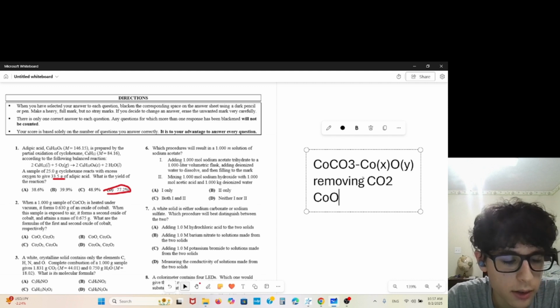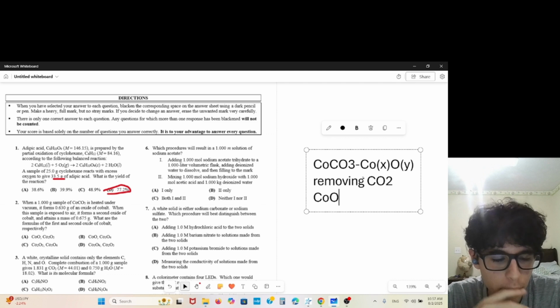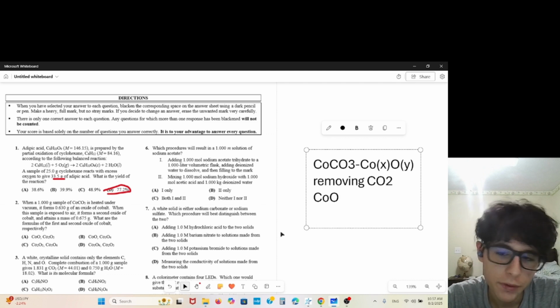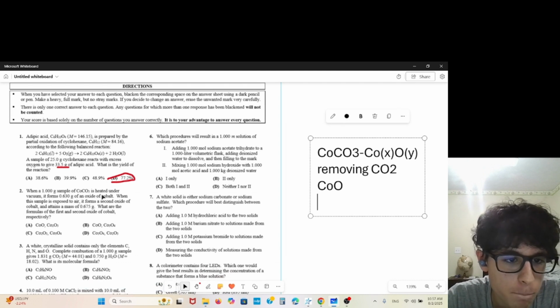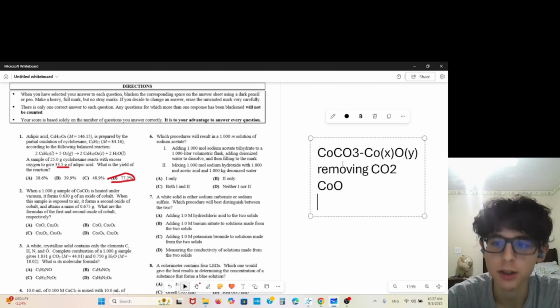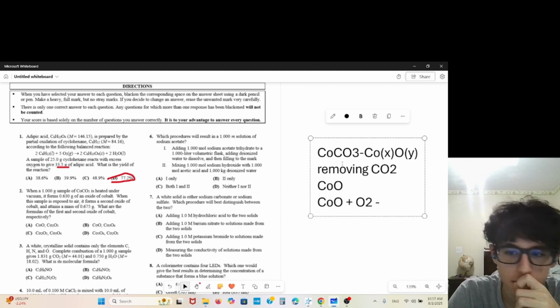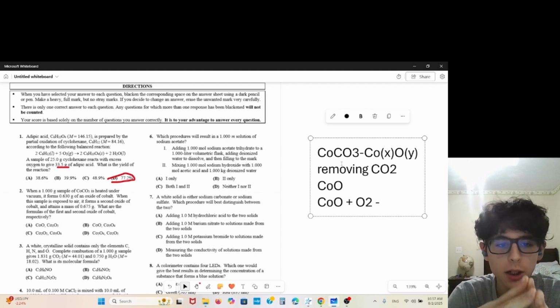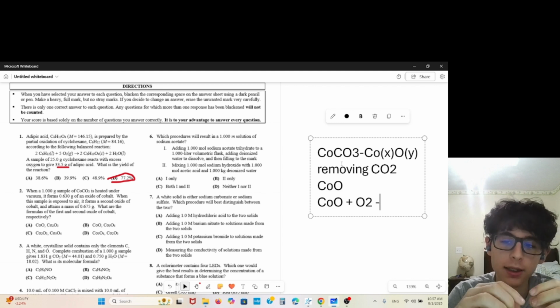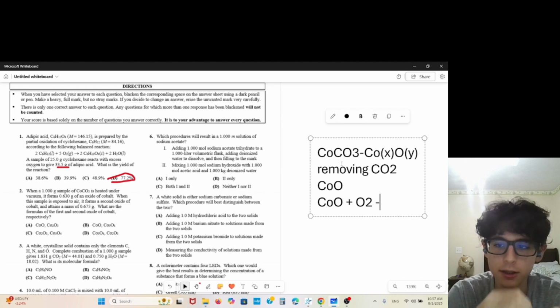So here's the deal. If you're just doing this descriptively and not mathematically, you're going to know that when you expose it to air, it's going to form a cobalt oxide where the cobalt has a mixed transition metal oxidation state.